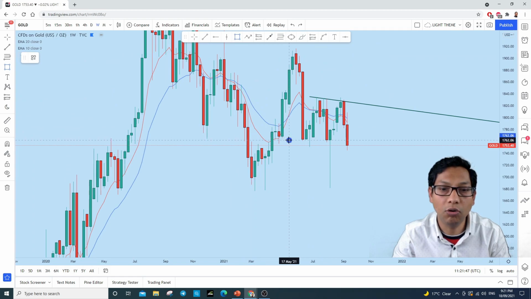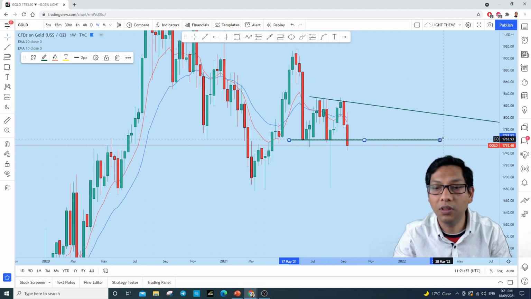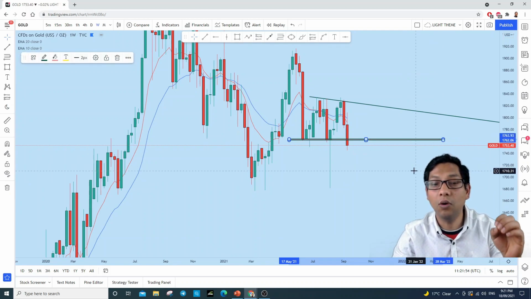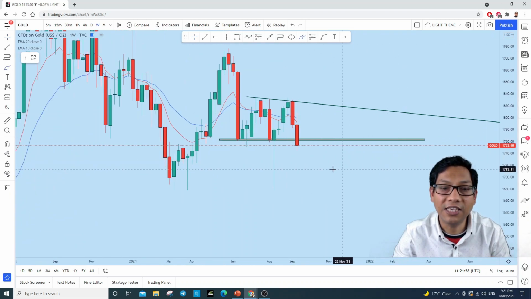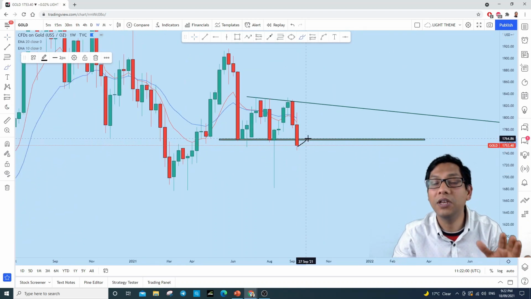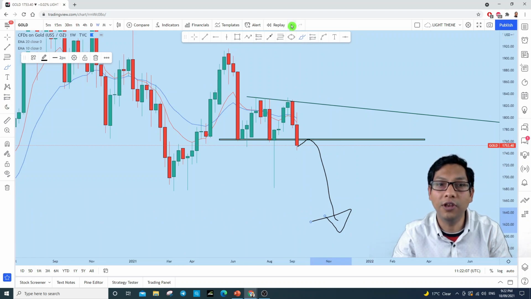Look at this, it has already broken all the support, and all this support is broken and closed back below. At this point, we might expect the price to go a little bit up, test this broken support as a resistance, and drop to the downside again.